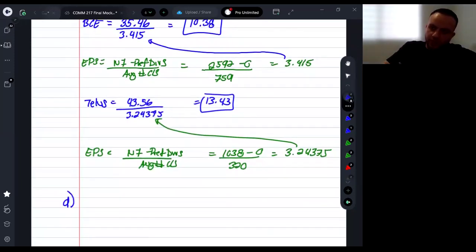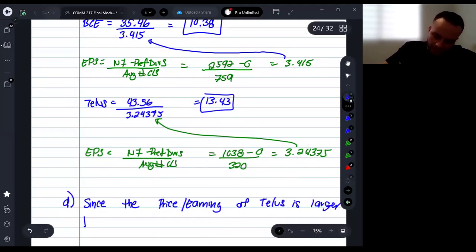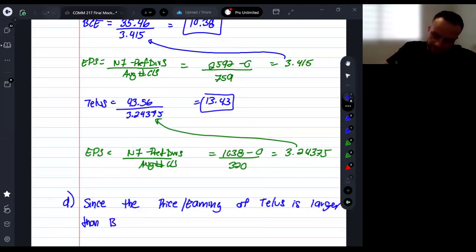And which one did he recommend? Since the price earnings of TELUS is larger than BCE, Aaron recommended TELUS to this client.